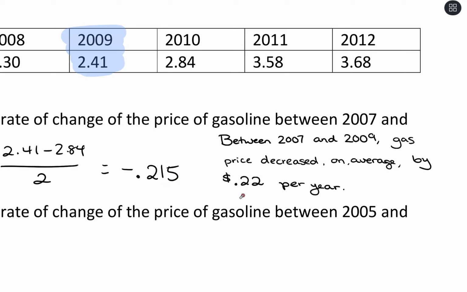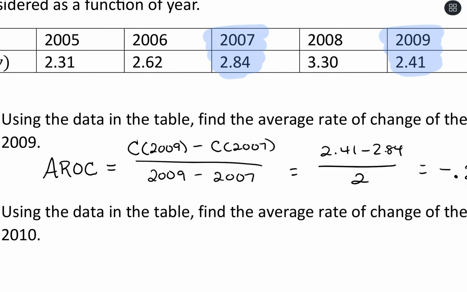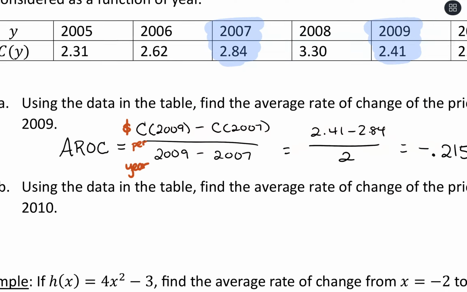And if you're wondering about the units of what goes first per what, if you look at our setup here, it always goes numerator, which in this case is dollars, and then our line represents per, and then down here we had year. So my rate would be dollars per year there.